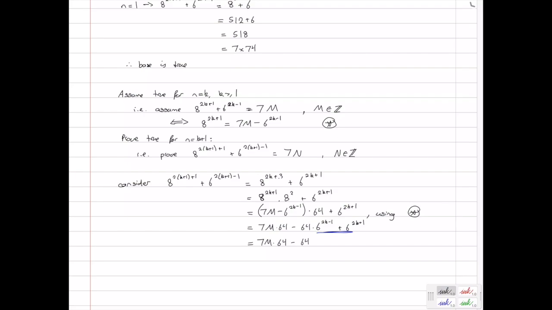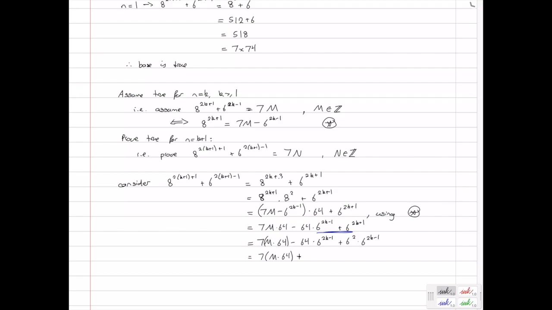So here I have 64 times 6 to the 2k minus 1 plus 6 squared times 6 to the 2k minus 1. So this is 7, and you'll see that I'm writing it as 7m times 64. Actually, I should put brackets around these, just because you'll see why I'm doing that in a moment. M times 64 minus, now let's factor out with a positive.